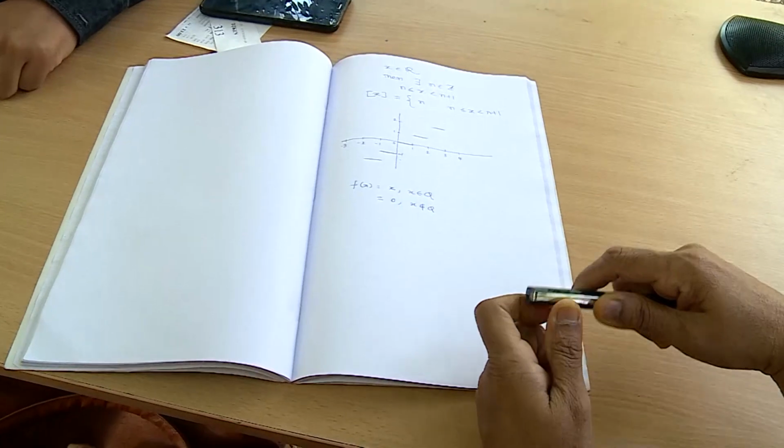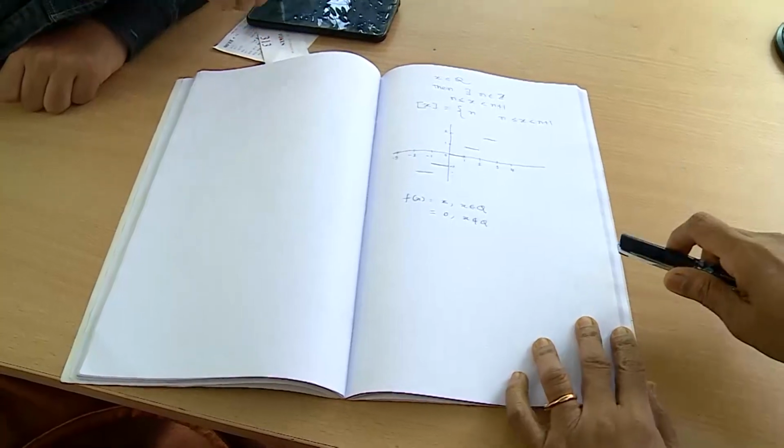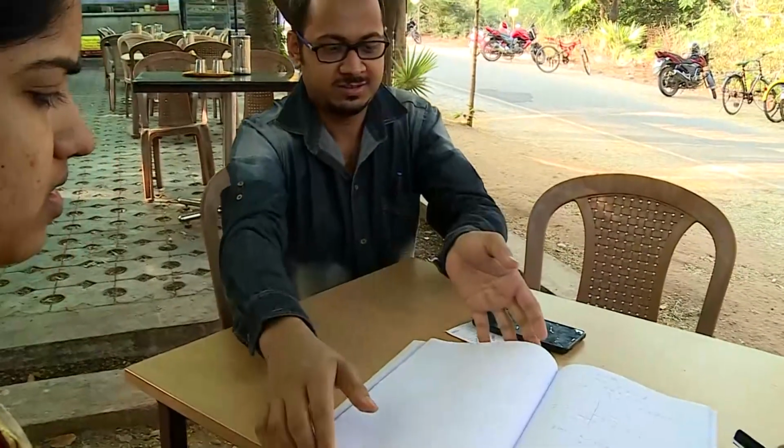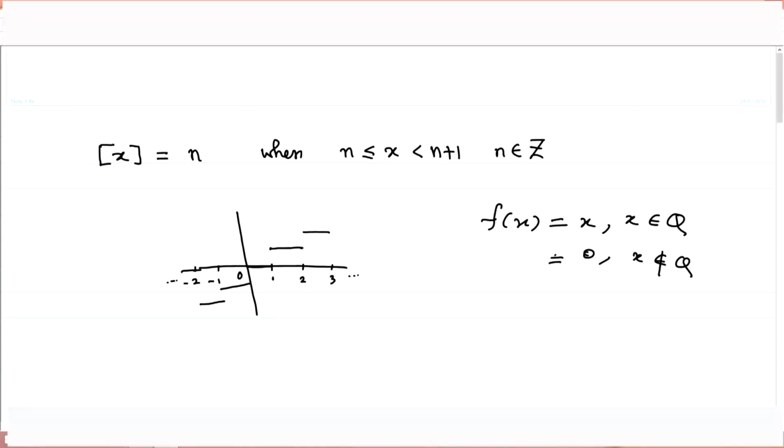Everywhere? No, I think it must be continuous at 0. Can you show that? Yeah, I think I can show it. But how do you prove it? Let me try. Let me draw its intuitive graph. So what will be its intuitive graph? It is something like this.